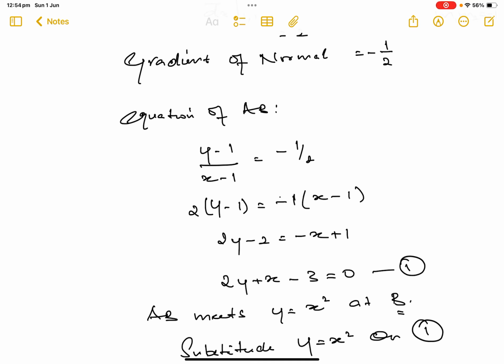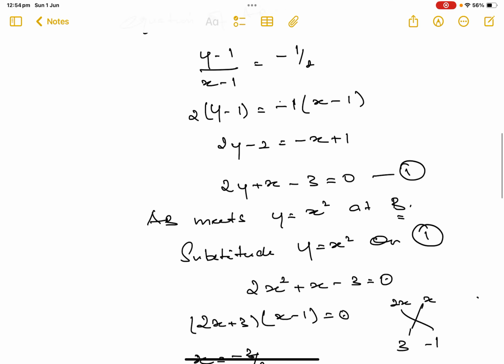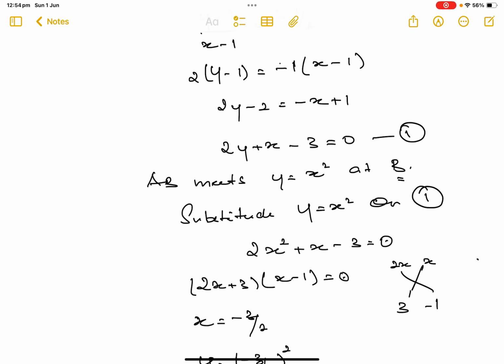Cross multiplying, 2 times (y minus 1) equals minus 1 times (x minus 1). So 2y minus 2 equals minus x plus 1. From that, 2y plus x, bringing 1 to this side, minus 2 minus 1 is minus 3, equals 0. That's the equation of the line AB.